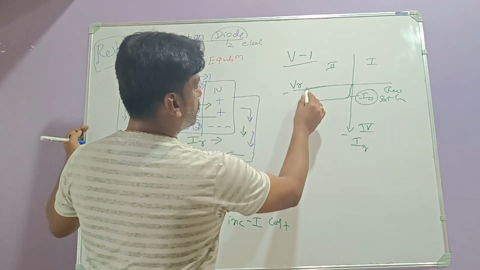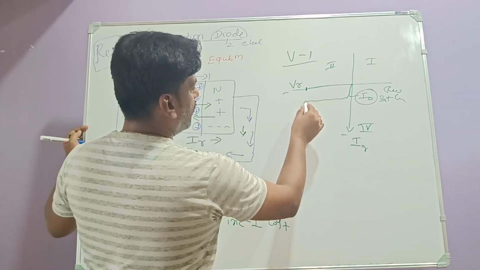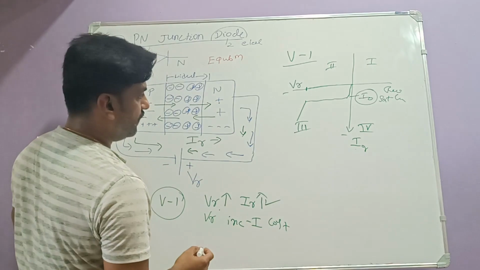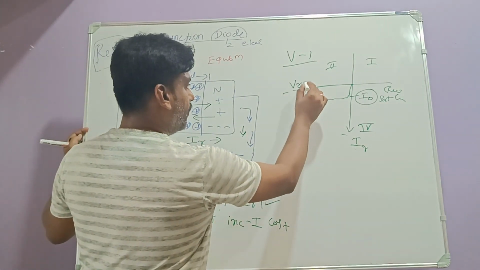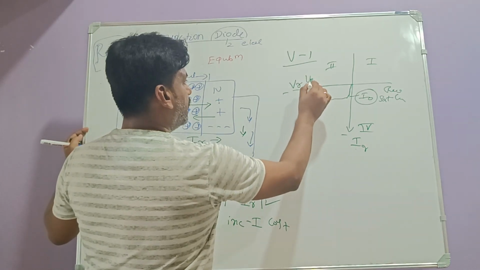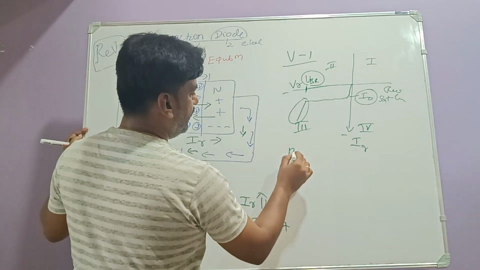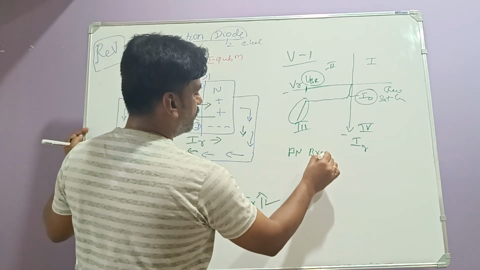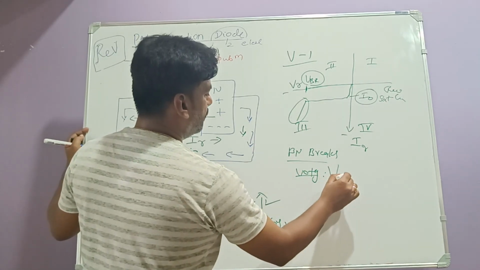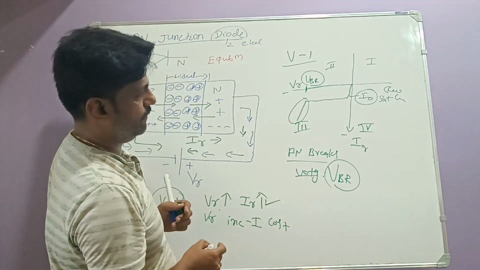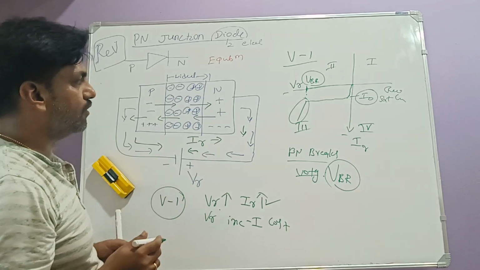Then after this voltage, if you try to increase VR further, the current increases exponentially, and at this stage of VR, the PN junction breaks. This is the breakdown region. The voltage which corresponds to the PN junction breaking is called the breakdown voltage, that is VBR, right? So this is the VI characteristics of reverse biasing.